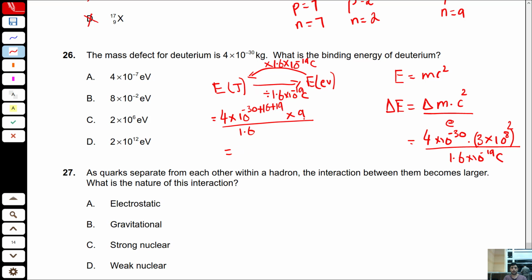We have 9 times 4, which is 36, divided by 1.6, times 10 to the power of negative 30 plus 16 plus 19.